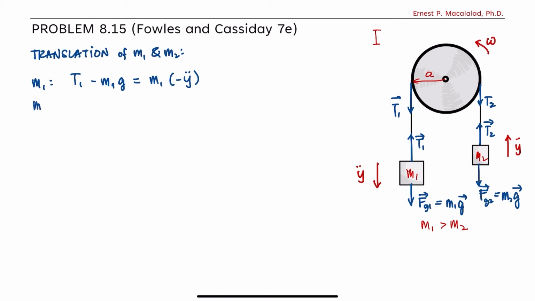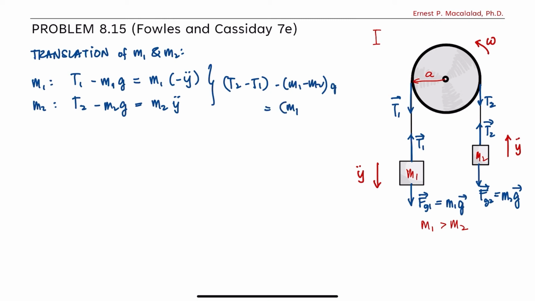Similarly, for m2, the equation of motion is T2 minus m2 g equals m2 times y double dot. Here, y double dot is positive because m2 is going upward. Combining the two, we have T2 minus T1 minus (m2 minus m1) g equals (m1 plus m2) y double dot.